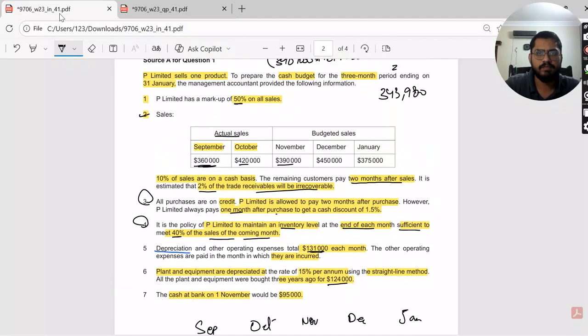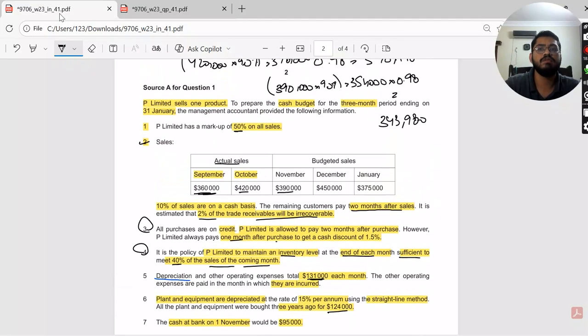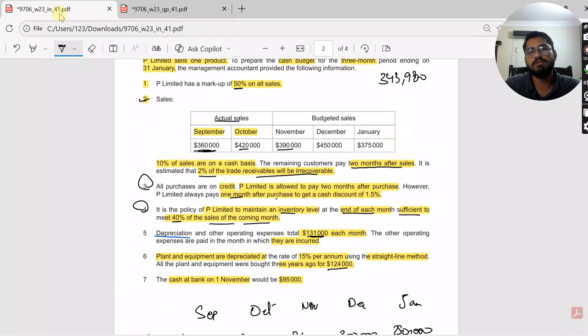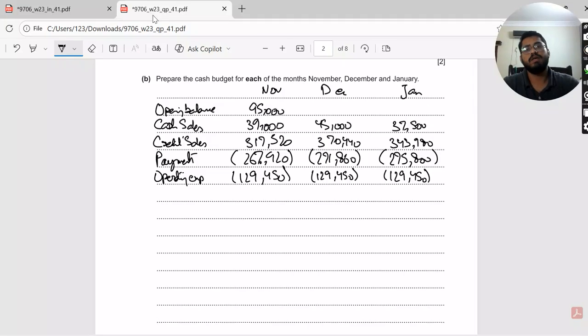Then I think we have incorporated all of the adjustments over here. Now we just have to calculate the closing balances and the opening balances accordingly. So let's calculate the closing balance now.